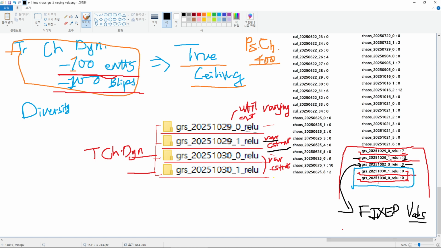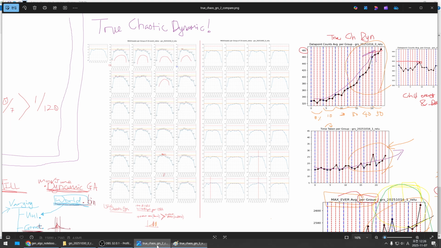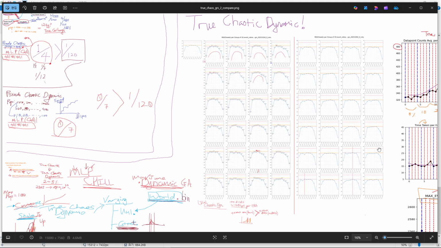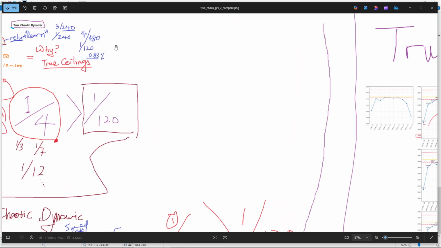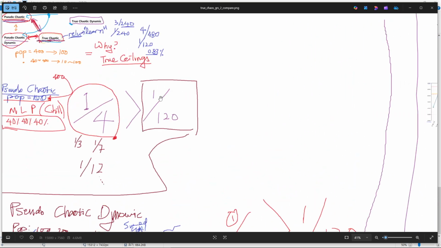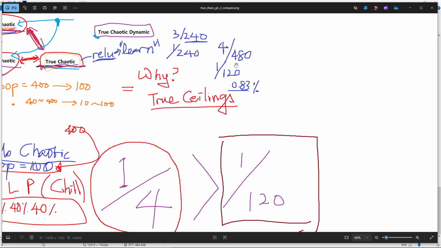And in the one after that, named GRS 2025 1002 underscore 0 underscore relu, I got 3. And then GRS 2025 1002 underscore 1 underscore relu, I got 1. Which is why last time I think I said somewhere, there we go, 4 out of 480.